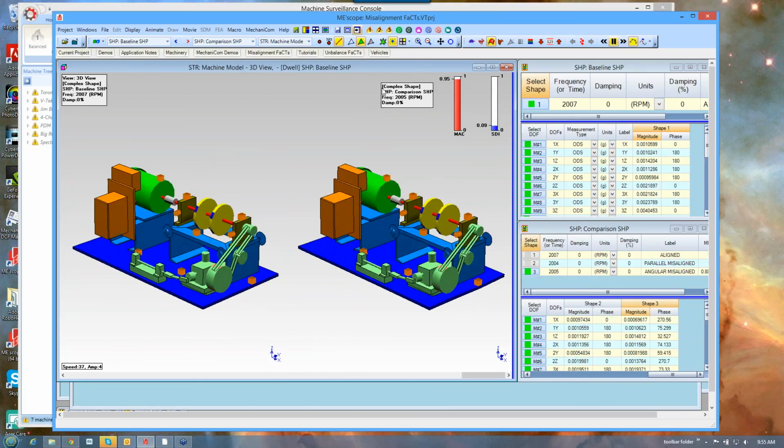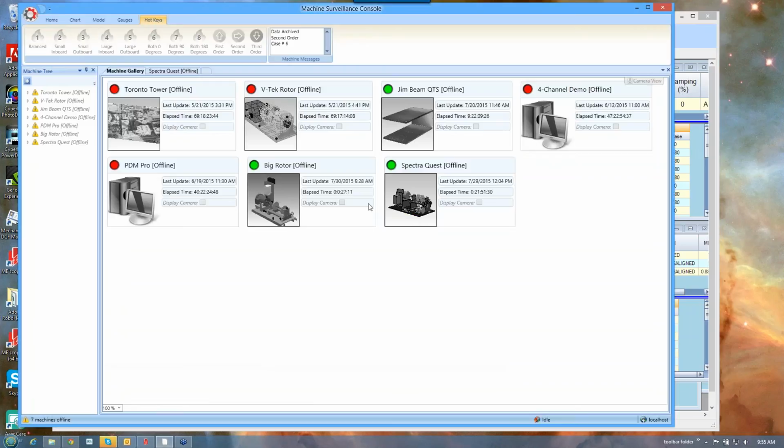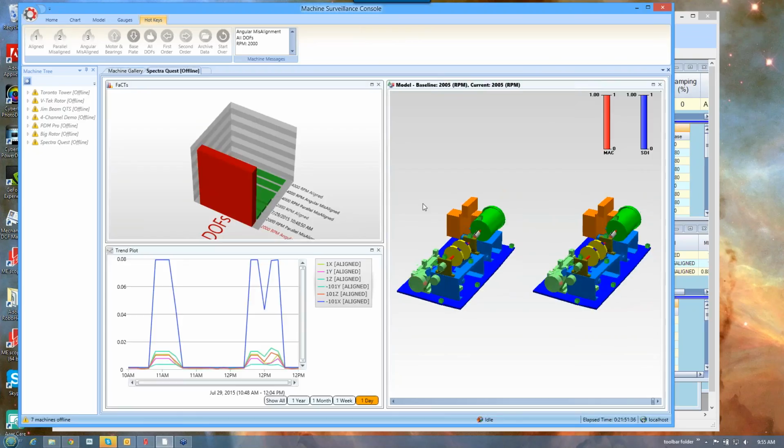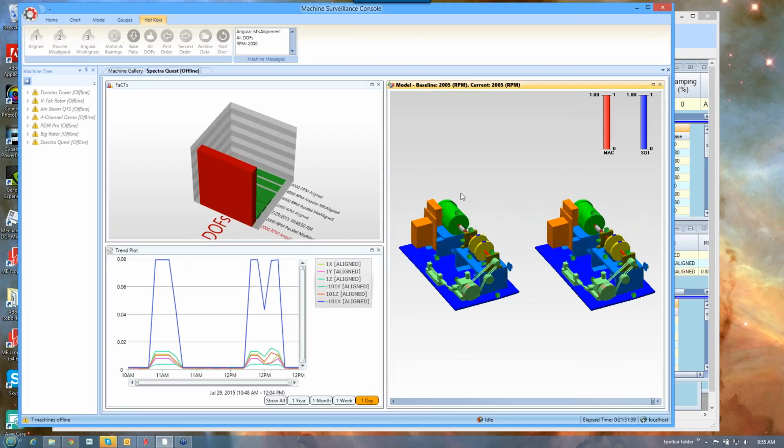Okay, so we're running out of time here. We've just got a few minutes. Let's go over real quick and look at the results in the SpectraQuest machine because that data is in the database. And here we have a trend plot of some of the data and the model.